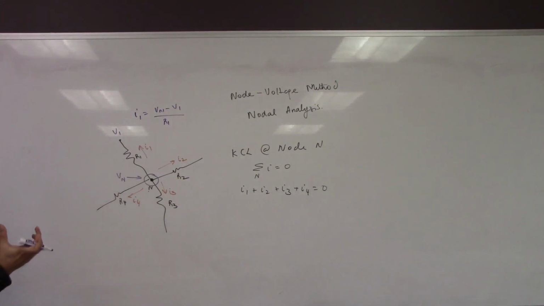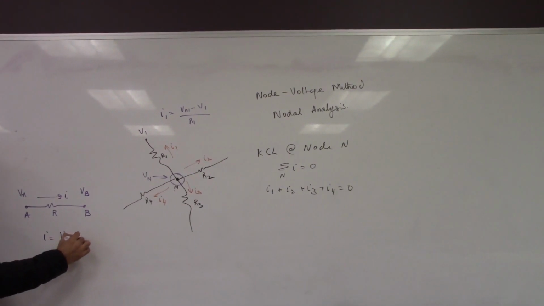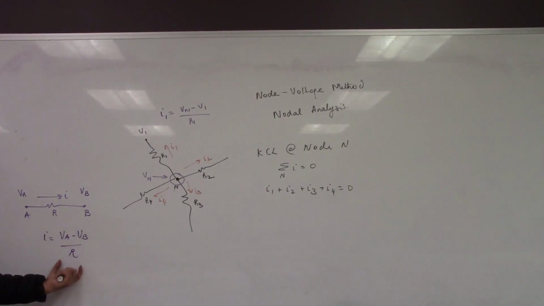How did I get that? If you have a wire like this, just as we did in the lab experiment, you have A and this is B. We measure the voltage across these two by connecting the terminals here, which means we are measuring the difference between the two. If the current is flowing from A to B, we say I equals VA minus VB divided by R, which is voltage divided by resistance.